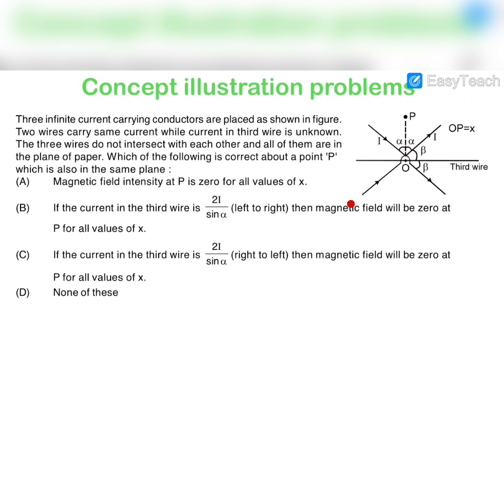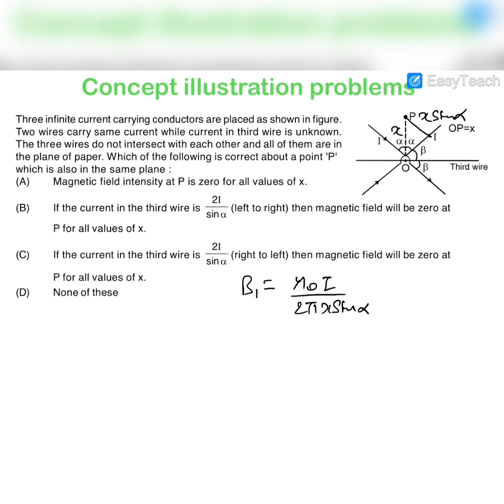So we can consider these two wires as a single infinitely long wire, and this single wire will be creating some magnetic field at point P, and that magnetic field B1 will be equal to mu naught I by 2 pi x sine alpha, where this x sine alpha is the distance. The 2 is due to the fact that there will be sine 90 plus sine 90, which is 2, so I've already cancelled that 2 with this 4.